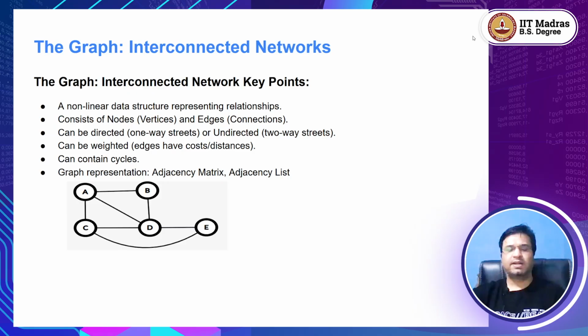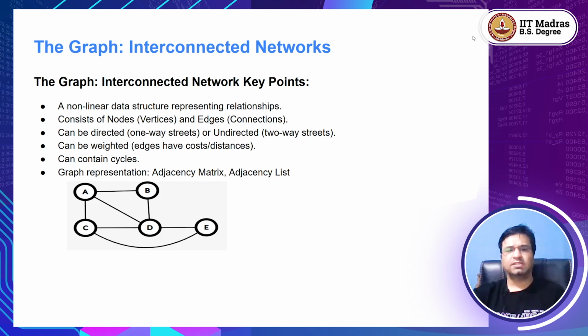This is an undirected graph with 5 vertices, A, B, C, D, E, and 6 edges. Graphs are commonly represented in two ways: adjacency matrix, a two-dimensional array where matrix[i][j] is 1 or the weight if there is an edge from node i to node j and 0 otherwise.